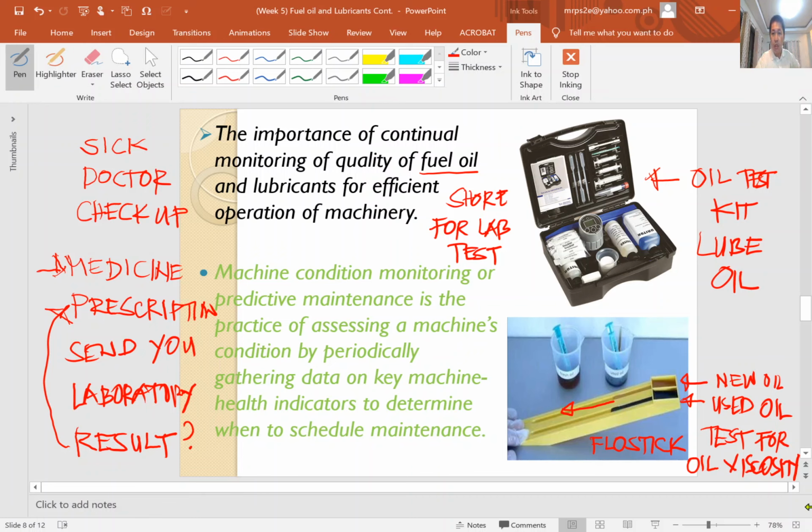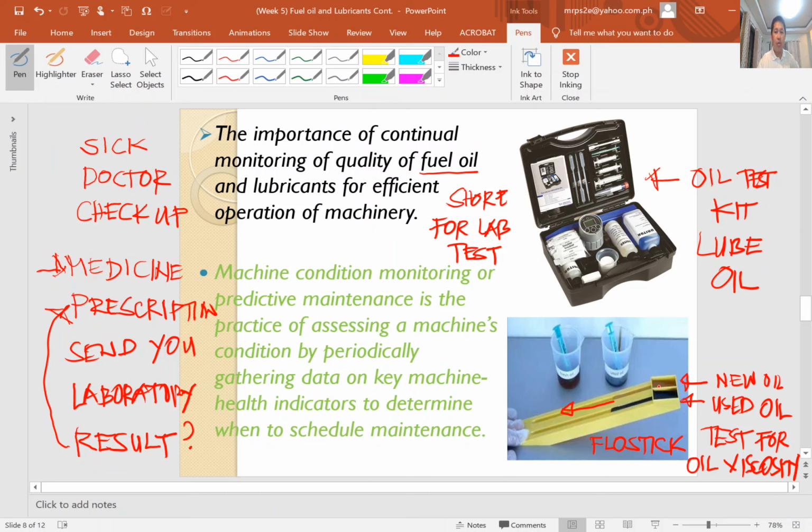Because for example, your oil is already very viscous, for example contaminated by carbon. So it is not effective anymore to lubricate your engine moving parts. So that's why you have to test.